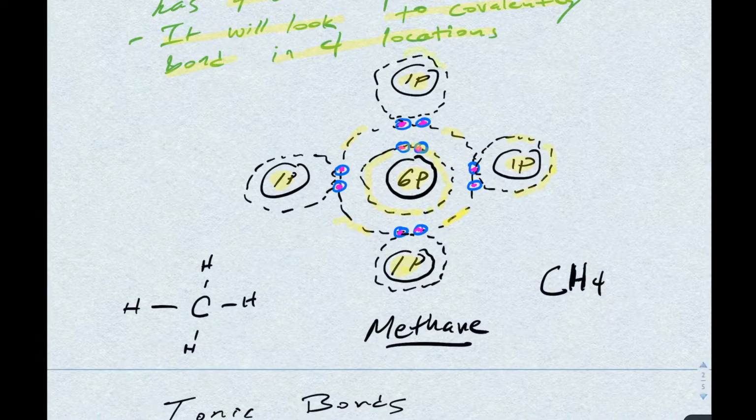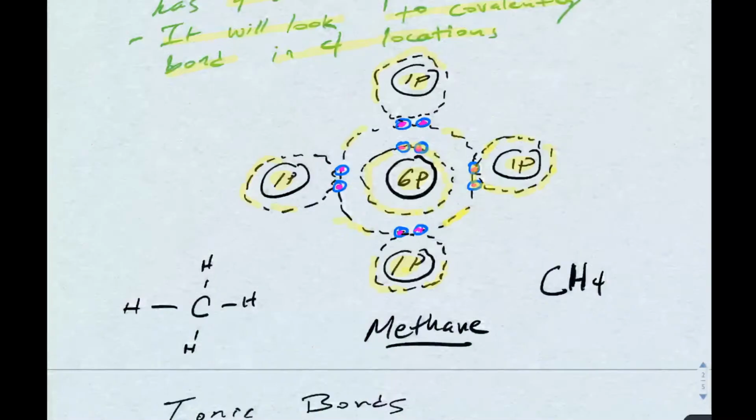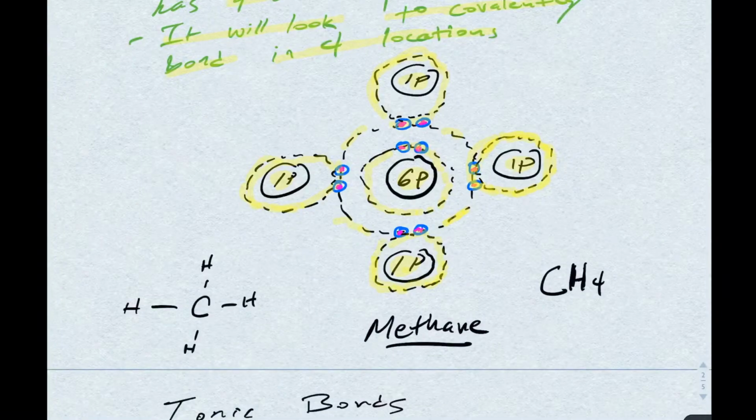The first orbital is the valence shell for these hydrogens. Those hydrogens would have 1 electron in each one of those orbitals. They would look to fill out that outer shell, and so they would find that spot on that carbon where that carbon is missing an electron, and it would form a pair, a covalent bond. So here you have a covalent bond on one side and the other side, and this side up here and another side down here, for a total of 4 bonds.